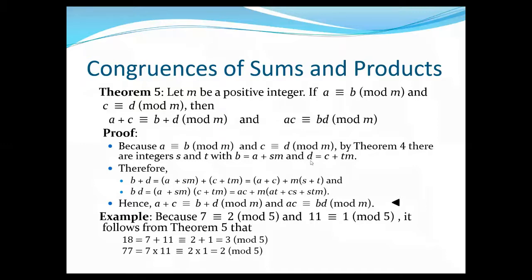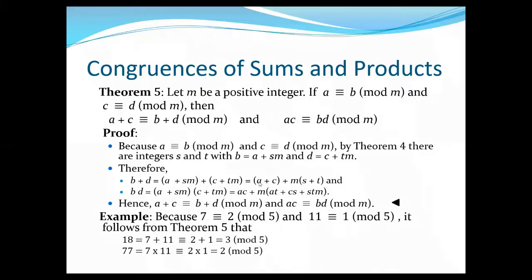Now we have b plus d. Substitute this equation for b and d, then manipulate. We associate sm with tm since they have the same factor, which is m, and factor it out. So we have a plus c plus m times s plus t.